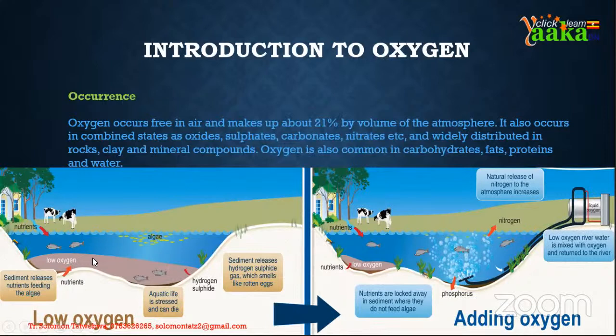When it is very low, for example, in this first picture where I'm pointing here, we only have a few aquatic plants, meaning fish won't have enough food, the algae won't grow well, and things like that. When we have low oxygen, such things are common.